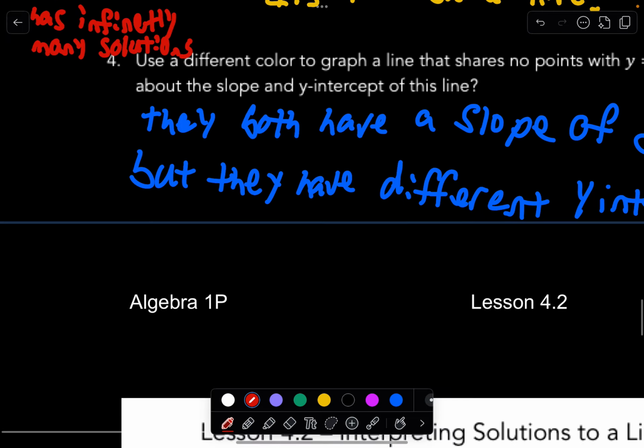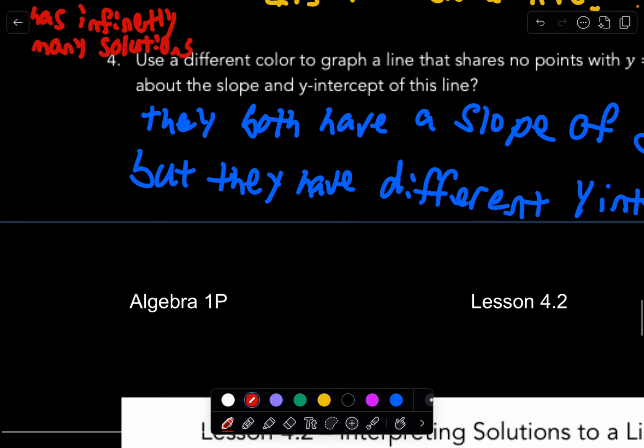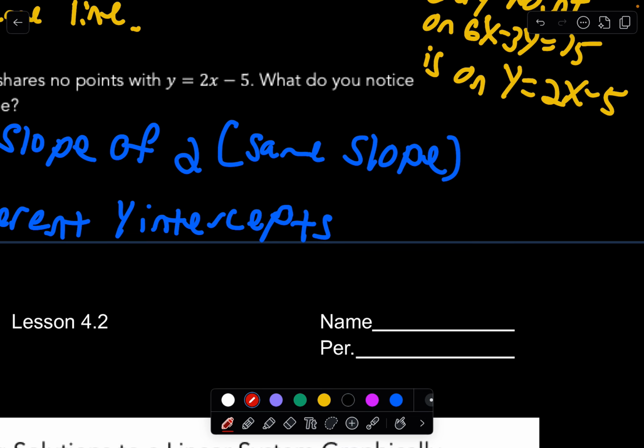And the last one is they both have a slope of 2, same slope and different y-intercepts. That means lines that are parallel. Let me restate it a different way, because what I was writing was kind of long.